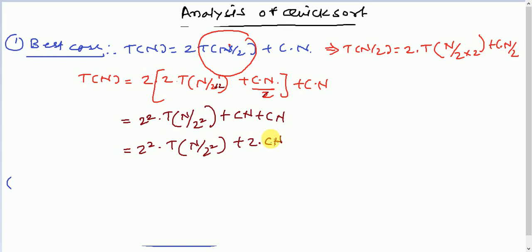This is for the second pass. Now for the third, if I go for the third relation, it will give 2 cube into t of n divided by 2 cube plus 3 into cn.